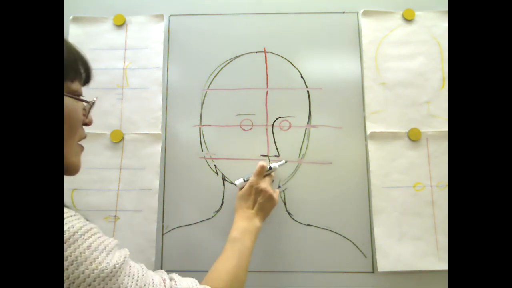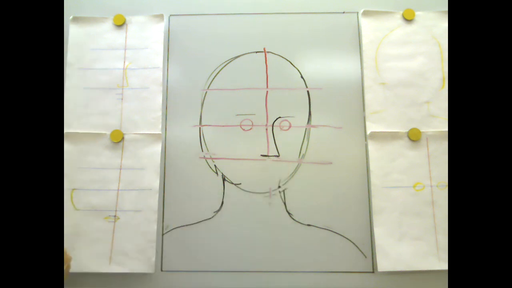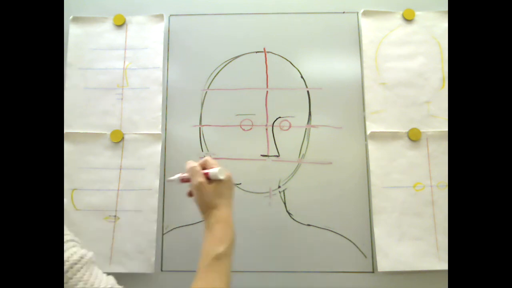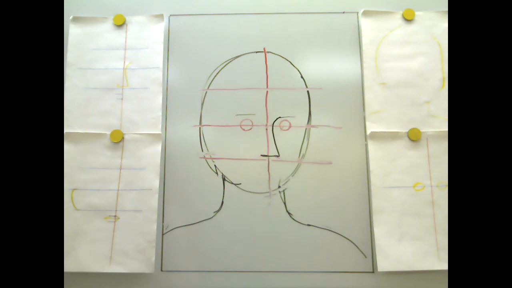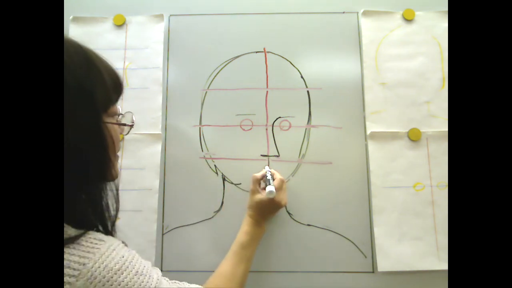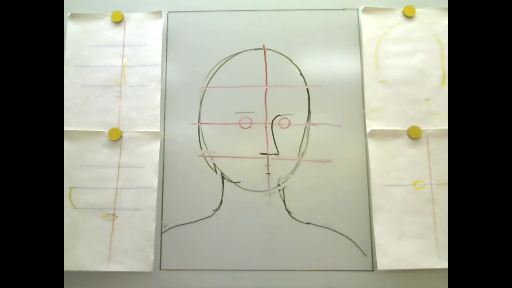I don't want you to do that, so I'm going to erase that. So make sure you're placing your lips at the right location there. That monkey lip though, it happens all the time. That is my students' most common mistake that I see in our room.